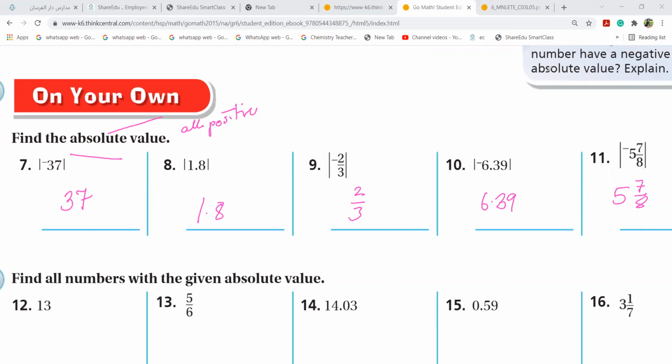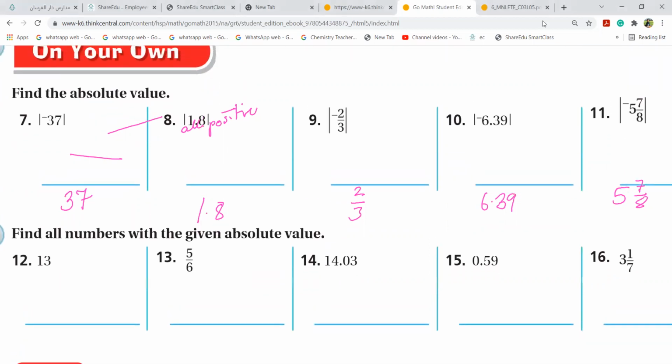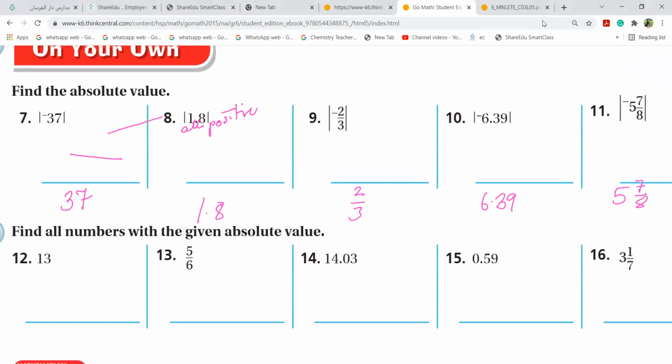Now see girls, this question is different. They ask you to find all the numbers with the given absolute value. The absolute value is given, the answer is given. You have to write the question. So the number will be either negative or positive. See how I do it. It's -13 and 13, because with both of them I get the answer 13, the absolute value.